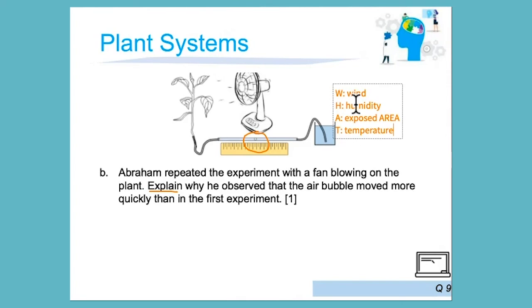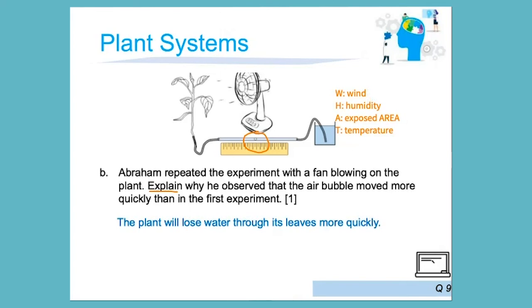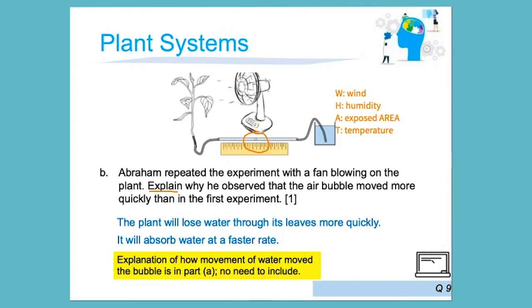So in this case, the presence of wind is the one that is affecting the rate. The plant will lose water through its leaves more quickly because wind will cause the rate of transpiration to be faster. Since it loses water more quickly, it will then absorb water more quickly as well.